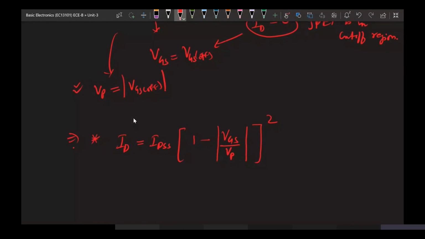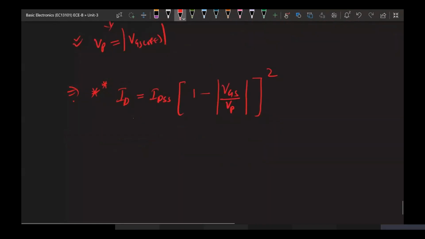So we can represent ID equals IDSS times (1 minus VGS by VP) whole square. Mod will be used if we don't want to keep the sign of VP and VGS in relation. So VGS off is the VGS when ID equals 0, and VP is the case where ID equals IDSS. Okay, so you can go with that.